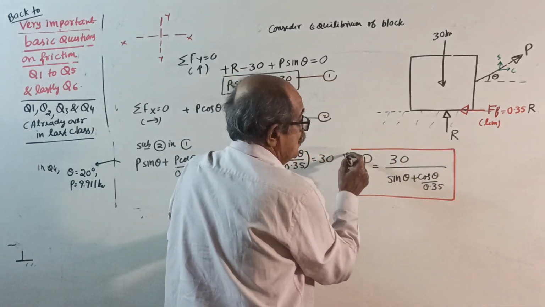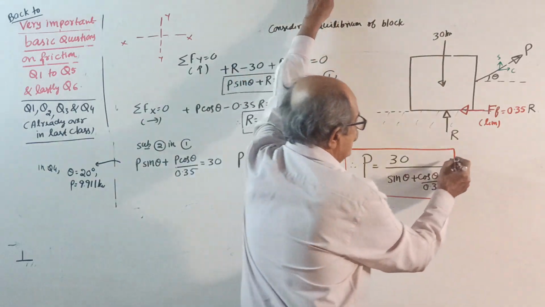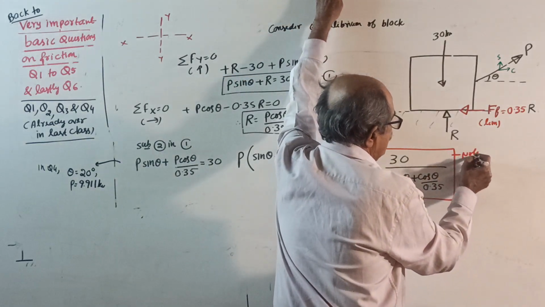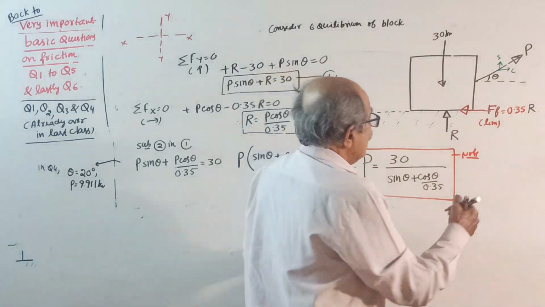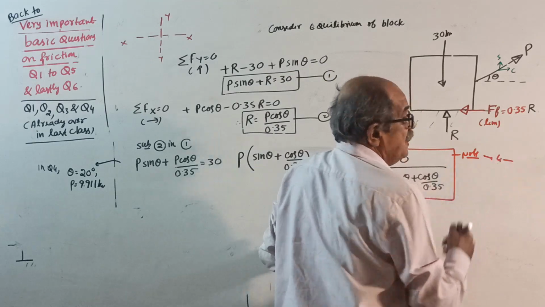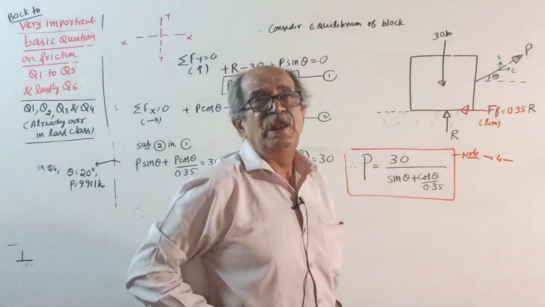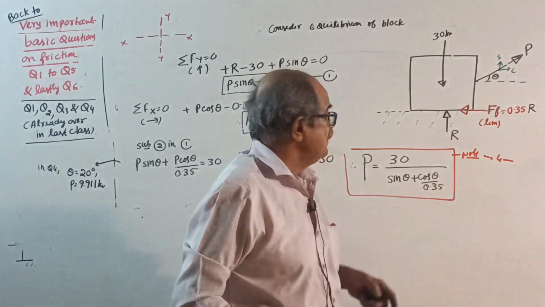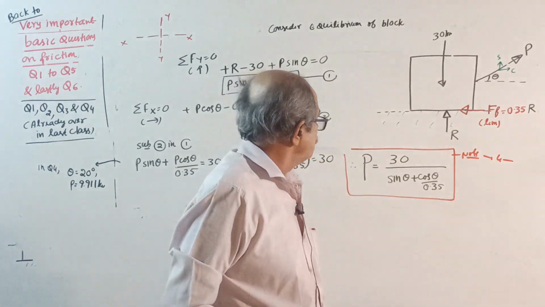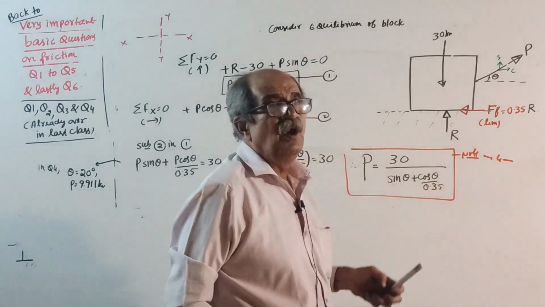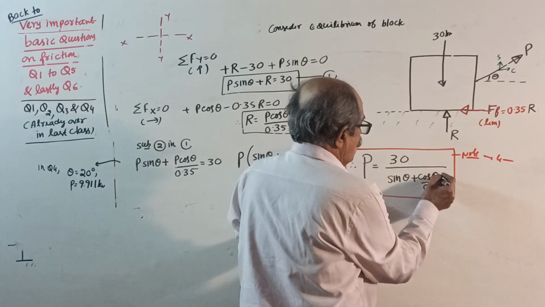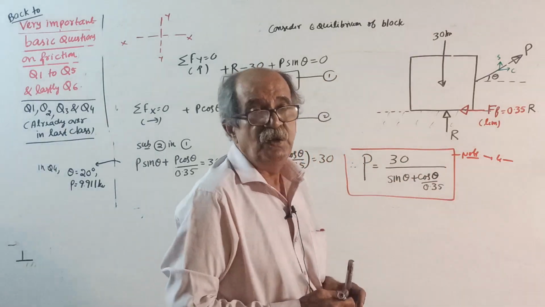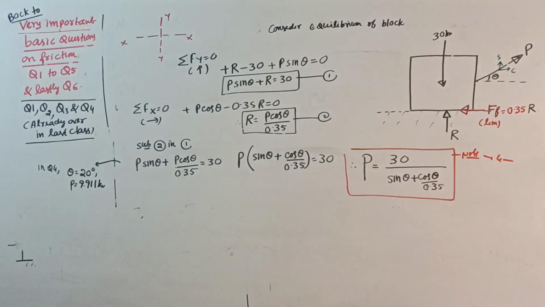So right here, we did not get the value, so make a note. In all the earlier 4 questions, by this time you get the value of P because theta is known. But unfortunately here, we did not get the answer. Our P came in terms of theta. Now one important observation.